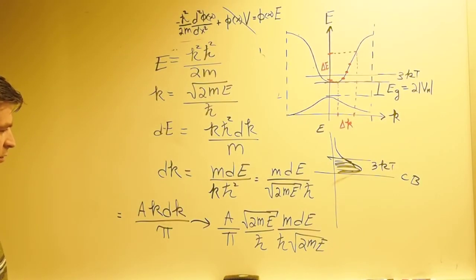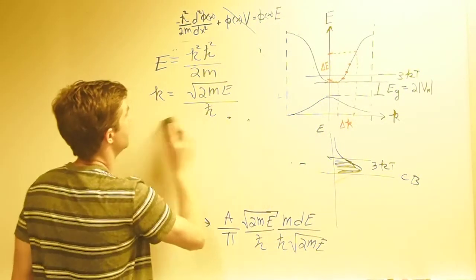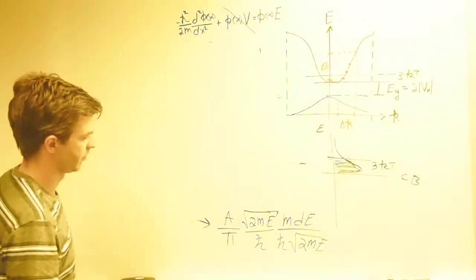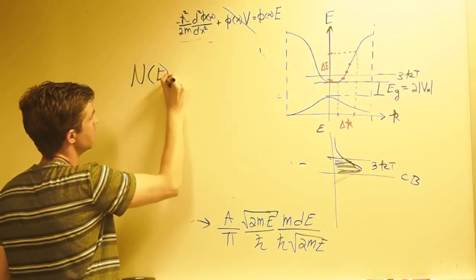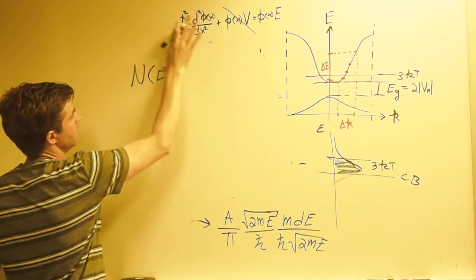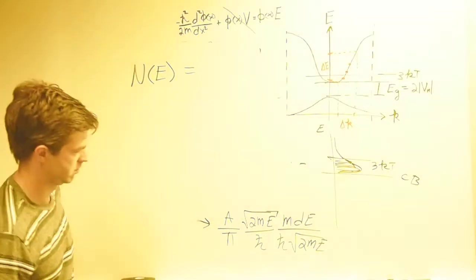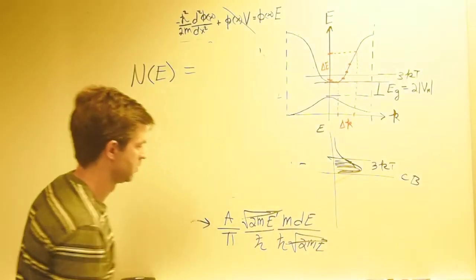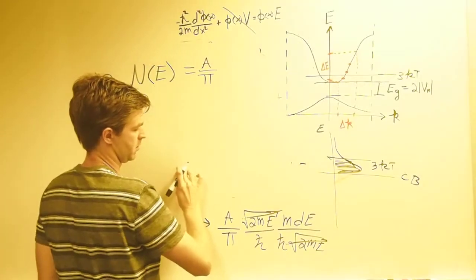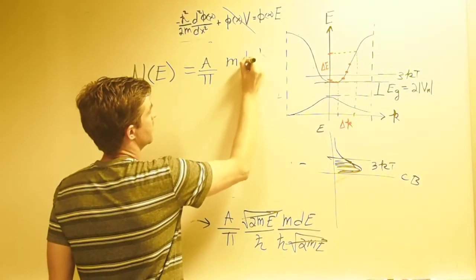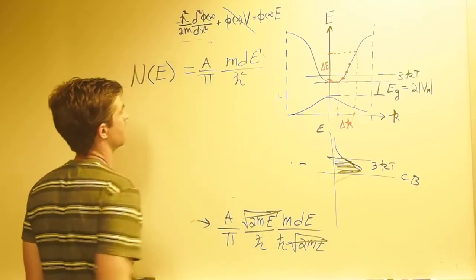And what's interesting about this? Let's rewrite it. N of E is equal to A over pi, m dE over h bar squared.